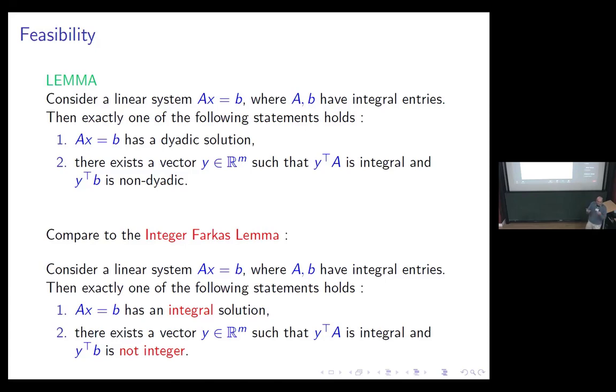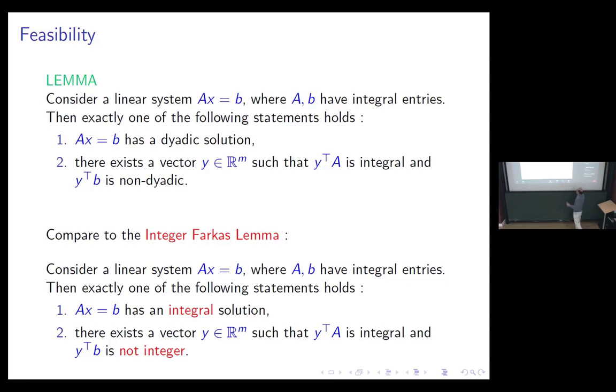That's very similar to some of these certificates, like Farkas' lemma. For example, the so-called integer Farkas lemma is the following statement. It's the same hypothesis, and it says exactly one of the following statements holds. Either AX equals B has an integral solution.